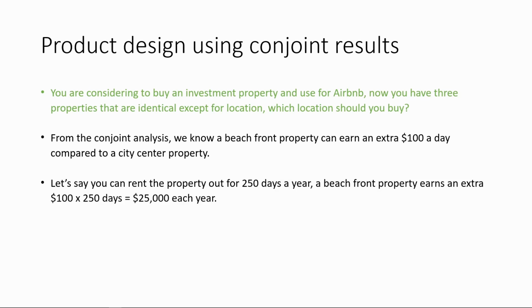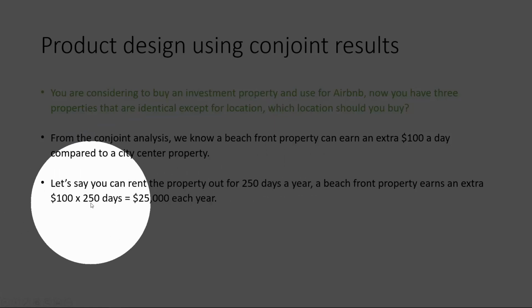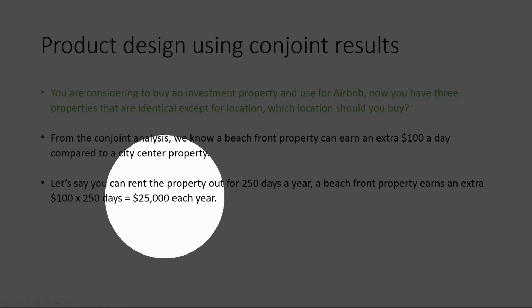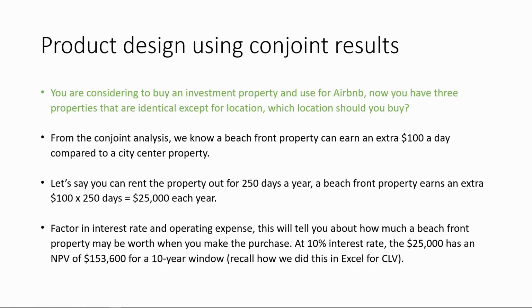And then let's say you can rent the property out for 250 days a year. So a beachfront property therefore would earn an extra $100 per day times 250 days. That's $25,000 a year extra. Factor in interest rate and operating expense. This tells you how much a beachfront property may be worth to you when you make the purchase.